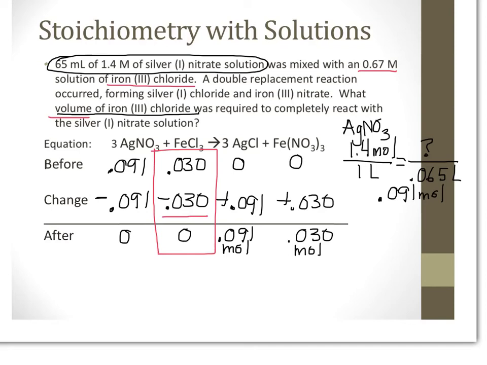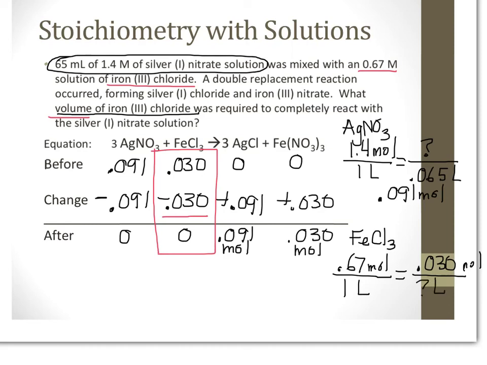So again, we're going to just go off to the side and do a calculation to get back into moles. Our iron chloride has a molarity of 0.67 moles in 1 liter. And according to our mole relationships, we have found 0.030 moles that reacted. So we want to know how many liters.